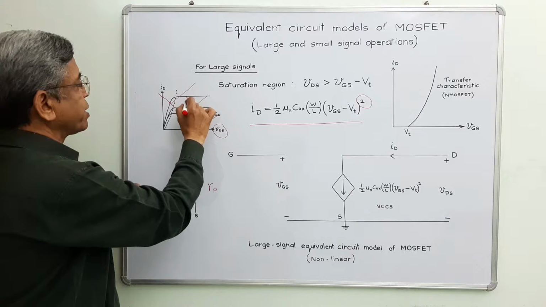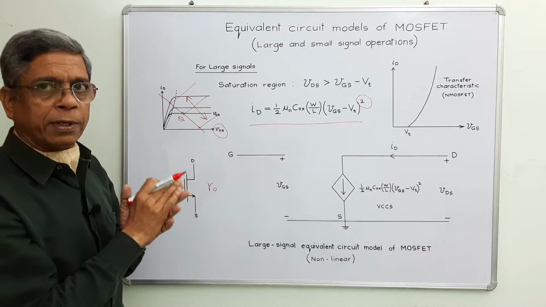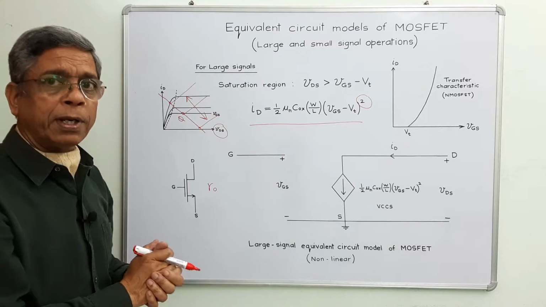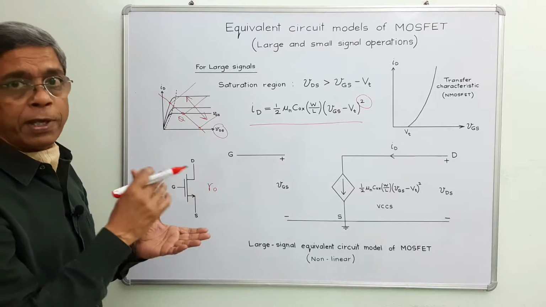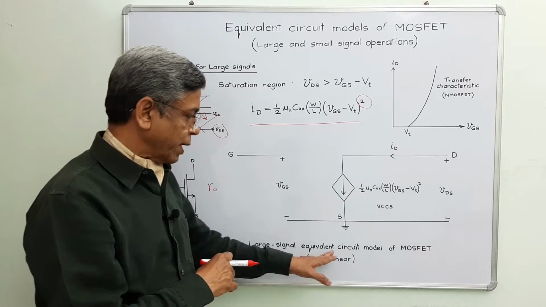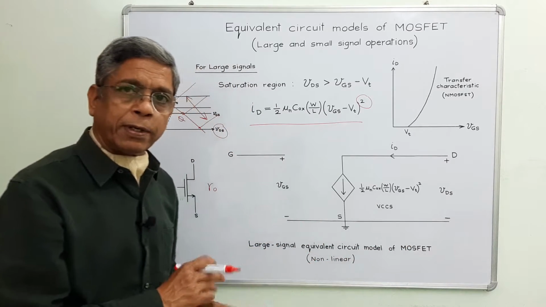This is the extent of swing of the input signal, and this we have to fix by biasing only to ensure linear magnification or amplification. And this is all about the large signal equivalent circuit model for MOSFET.